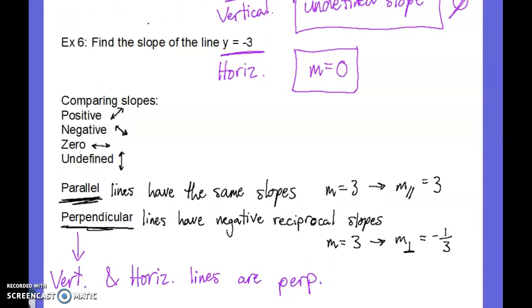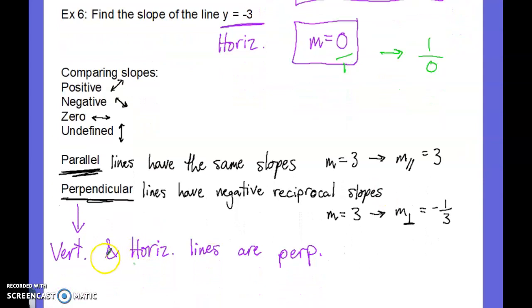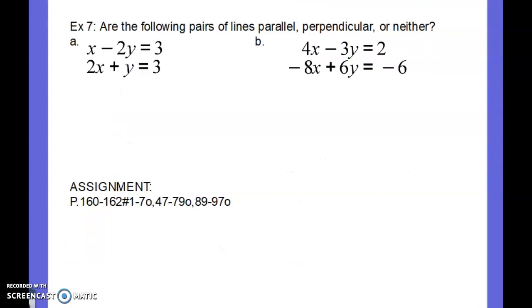Okay, and the reason for that is technically the reciprocal of 0, if I were to go back to that value, 0 over 1, you would look at 1 over 0, which is an undefined value. So if you think of it that way, it does make sense that vertical and horizontal lines are perpendicular, or just draw horizontal and vertical, and you'll see that they make right angles with each other.